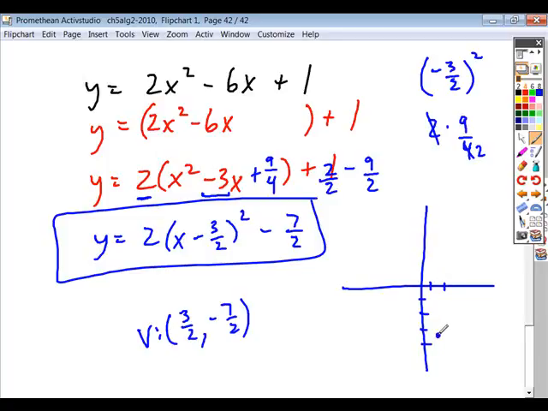So right here about is my vertex. I can label it 3 halves, -7 halves. My y-intercept is 1. And so once again, I can just sketch my graph. And it's consistent with all the other rules that we've gone through for these graphing problems.